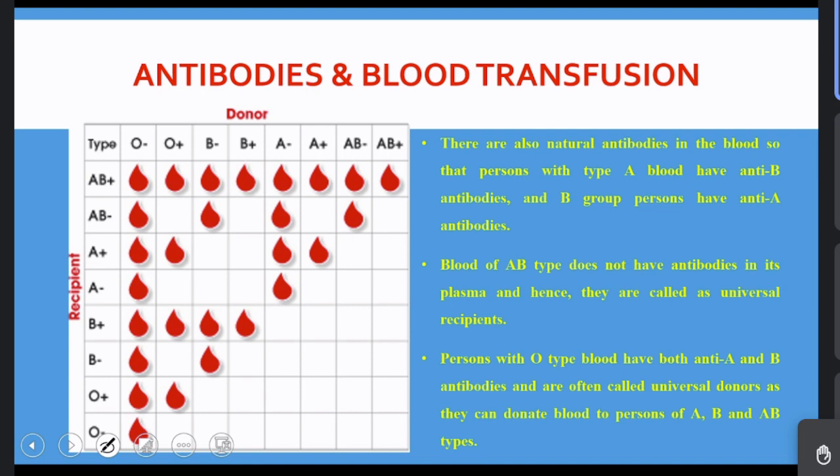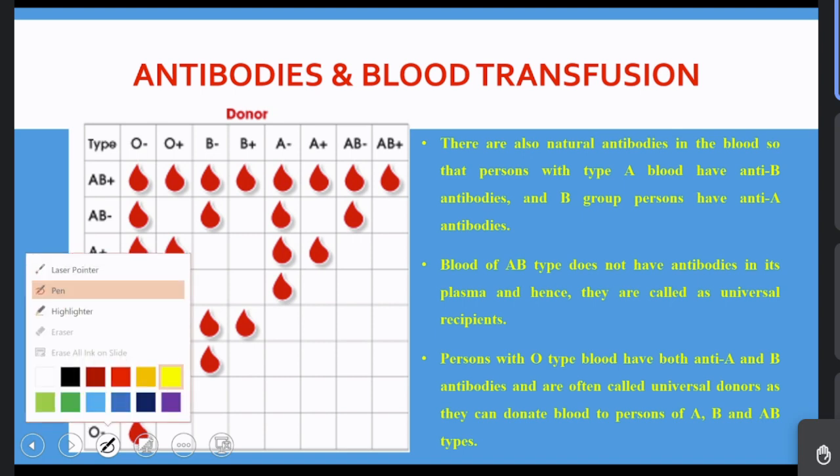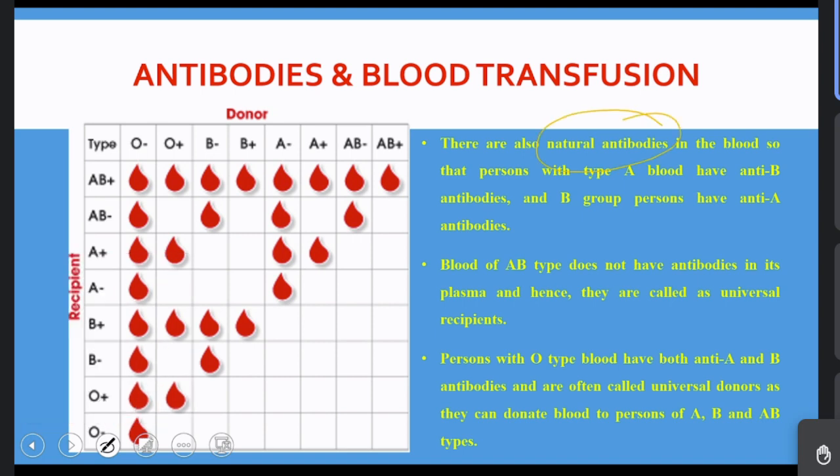In addition to this, one significant feature of the ABO blood group system is that we have natural antibodies. I am going to ask you about this in about 3 or 4 slides, so you have to answer me. So we have natural antibodies with respect to the ABO blood group system.